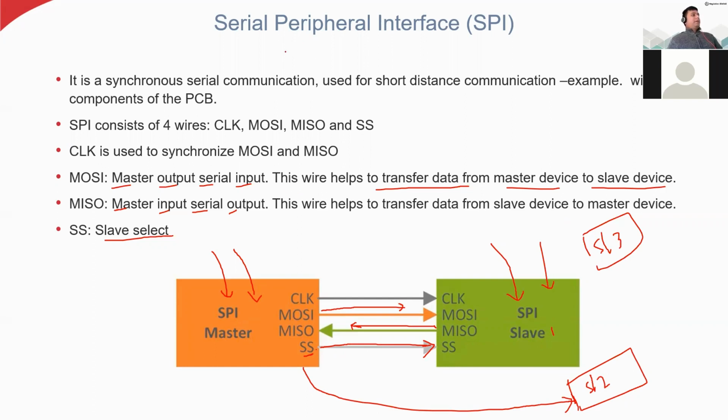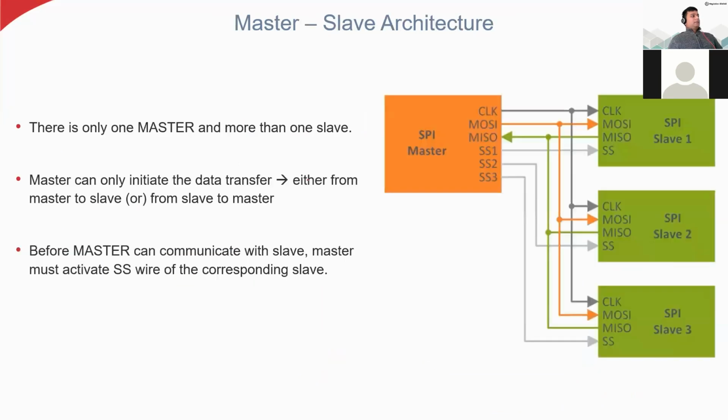So just to remember, SPI has 4 wires: clock, MOSI, MISO, and SS. Each one has its own purpose. There is only one master and more than one slave. That is the speciality of SPI, serial peripheral interface. It will have only one master, but more than one slave.